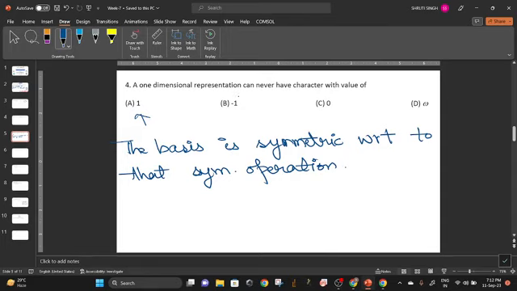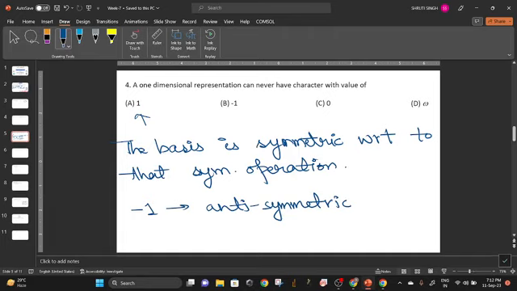Similarly, this -1 means the basis is antisymmetric, which means the basis changes sign if that symmetry operation is applied. So the character is -1.